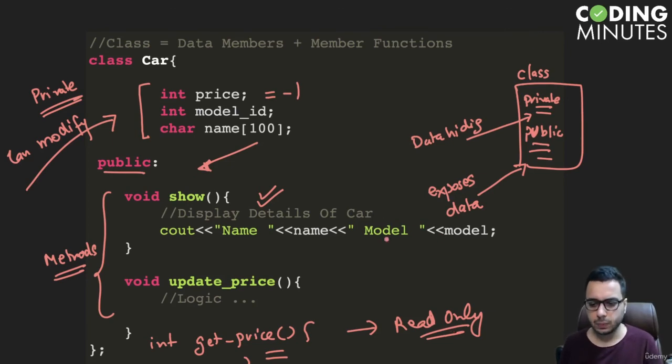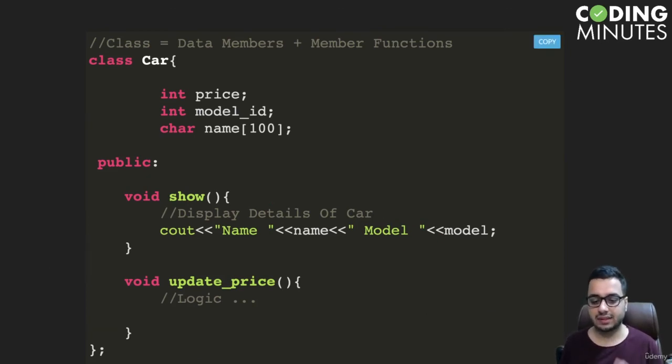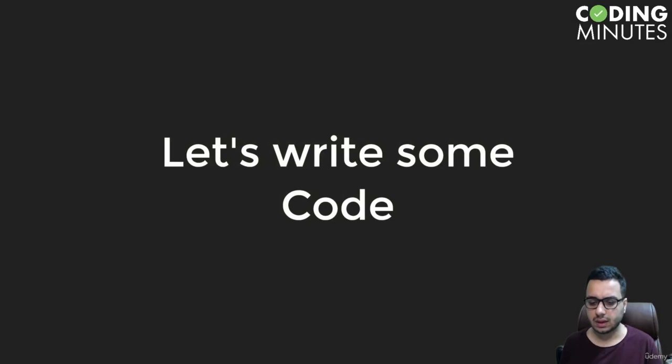So this is the concept of access modifiers, and these methods are now public, and these data members are private. So a class will have certain data members, and it will have certain member functions as well. Now let us write some code starting from the next lecture, and I hope you got a basic understanding of classes and objects.